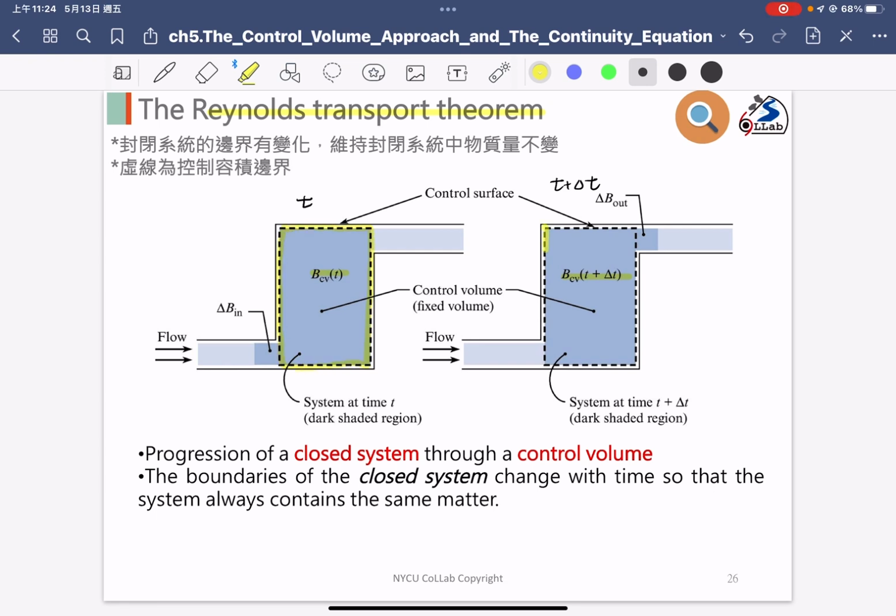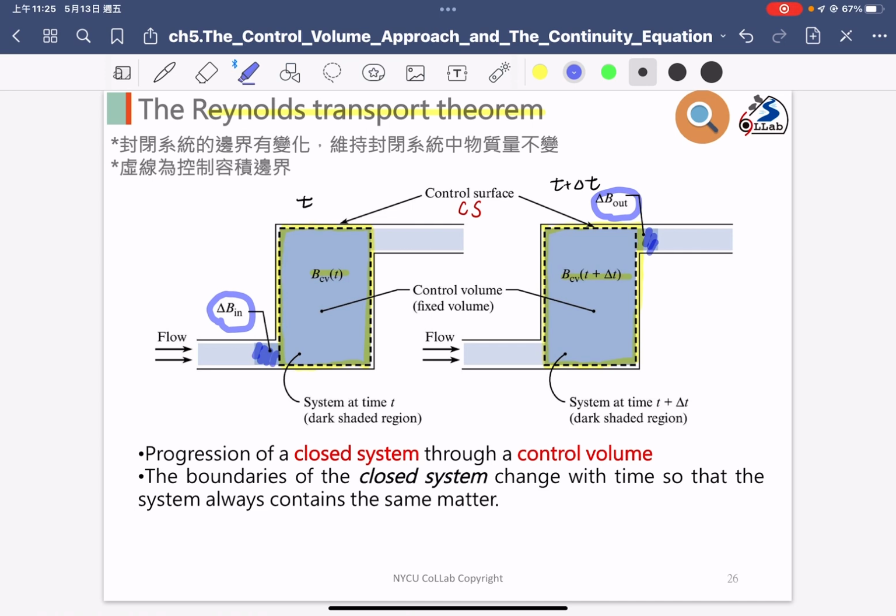So the dashed line here is the control surface. You can see it highlighted as the control surface. Outside the control surface there is delta B in, and at the time t plus delta t, there is a delta B out in that region.